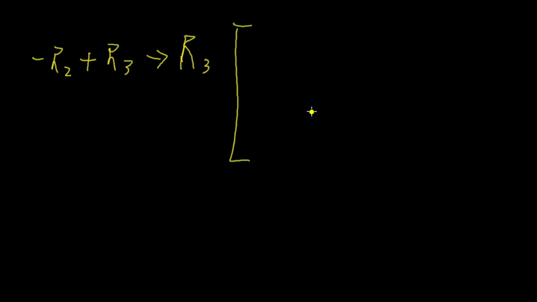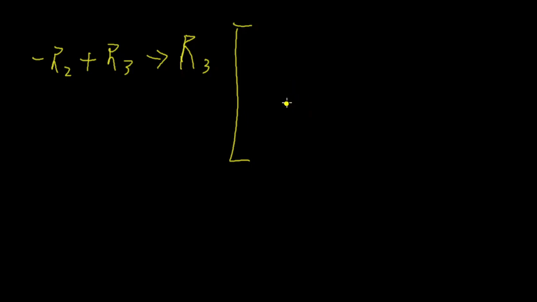The next thing is I will take negative row 2 plus row 3, and I will replace row 3 with that. That means row 1 and 2 will not change.